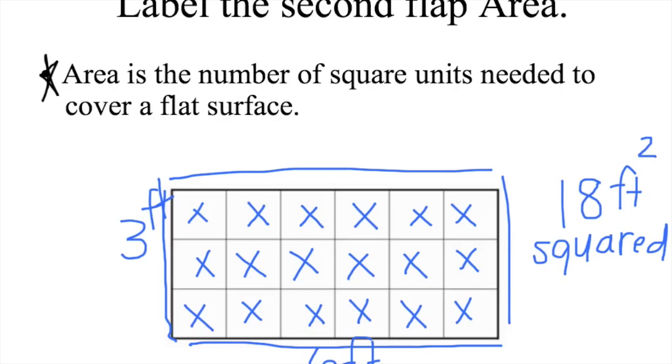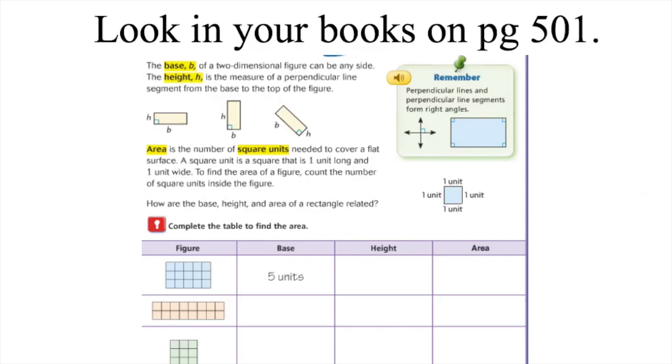We're going to be practicing this. On page 501 in your book, you're going to see this example. We're going to be using a formula that looks like this: base times height. When we multiply base times height of any square figure, we can find the area. Let's practice.